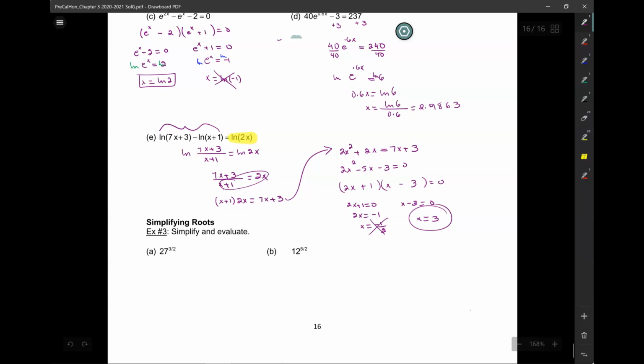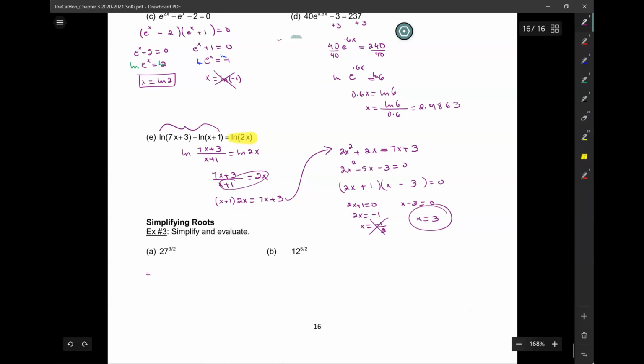Okay, next. What I have here is 27 to the power of 3 over 2, and this is what we usually go over in Algebra 1 and Algebra 2, but we're just doing a recap right now. Remember that fractional exponents can be written as roots.